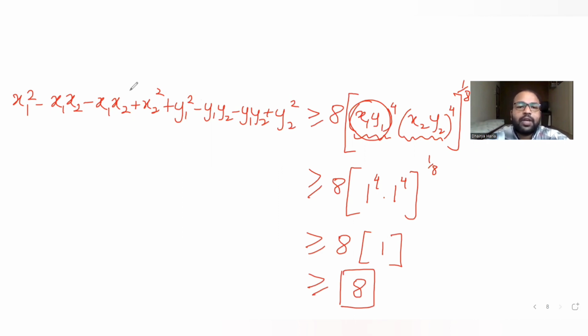So I understand this entire expression is equivalent to mod of z1 minus z2 the whole squared. So mod of z1 minus z2 the whole squared is greater than or equal to 8.